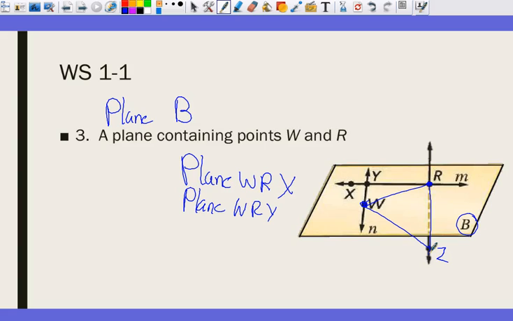This would be plane WRZ. It'll be going down like that. Does that make sense? It would look kind of like this. It's below this plane. It's hard to see because it's in 2 dimensions, but it would look like that. Am I crazy? You guys see what I'm saying?